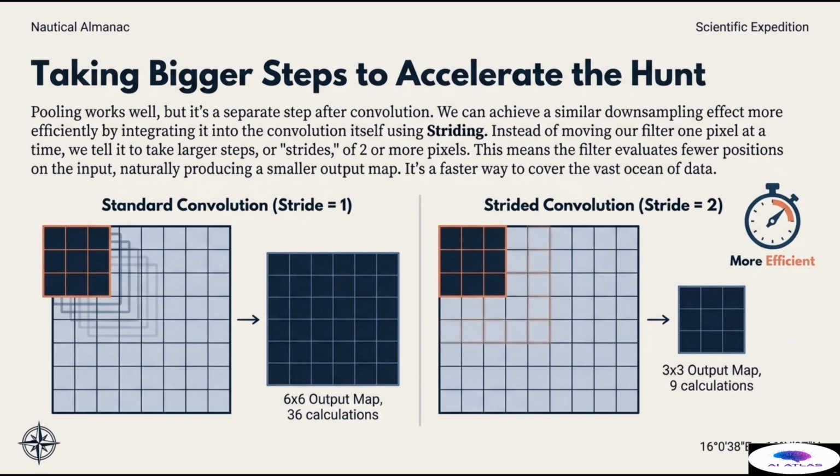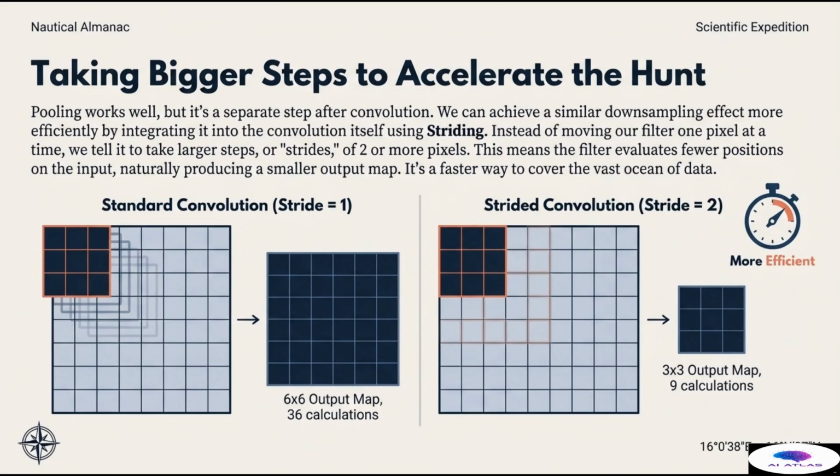In a standard convolution, we use a stride of 1, meaning the filter moves just 1 pixel at a time, resulting in a large output map that retains the full spatial resolution of the input. For an 8x8 input with a 3x3 filter, this results in a 6x6 output map, requiring 36 calculations.